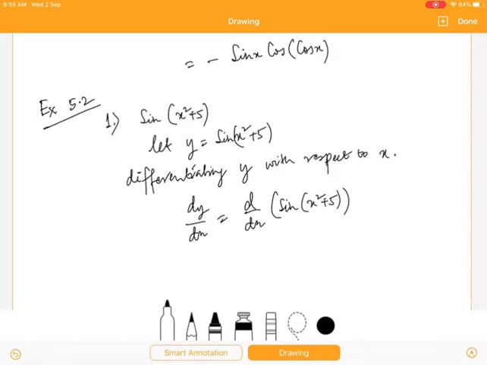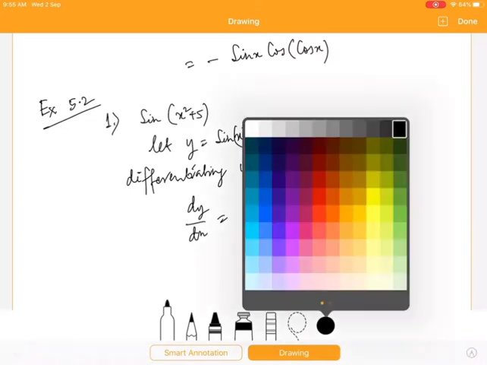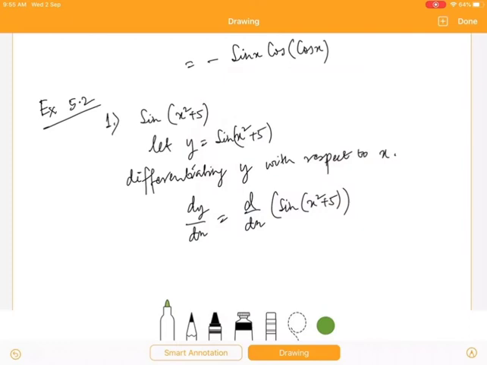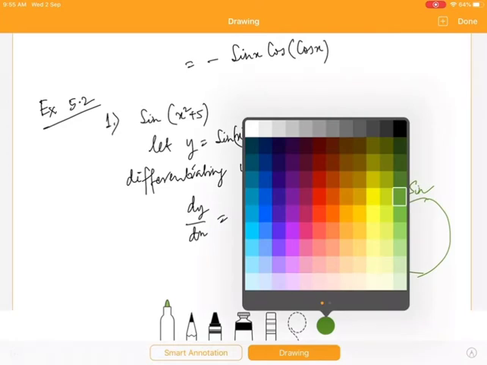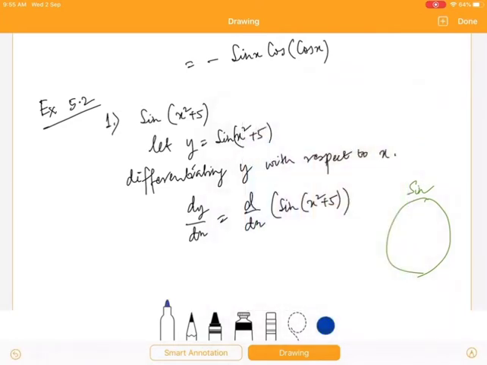Now again let's decide which one is our starter. So here my starter is our sine function. Okay, now after finishing the starter, what do we have to eat? We have to eat the x square plus 5 as our main course.